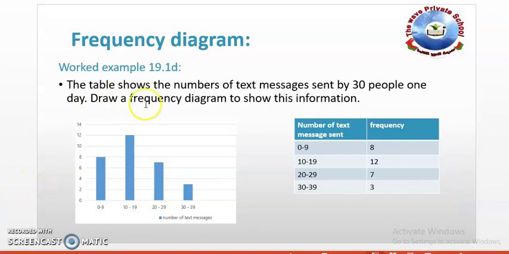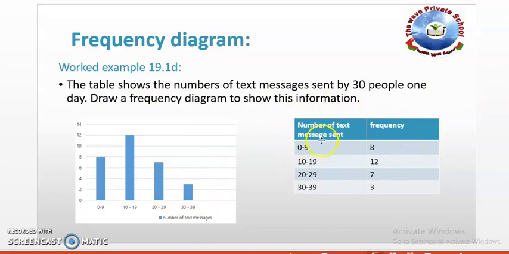Now we have to find the frequency diagram. That is another worked example, 19.1d. The table shows the number of text messages sent by 30 people in one day. Draw a frequency diagram to show this information. See here the number of text messages.